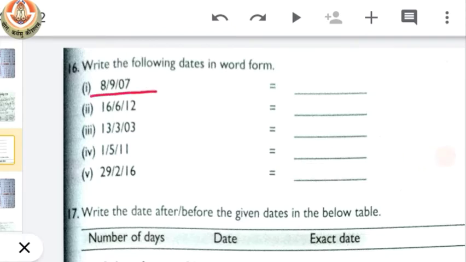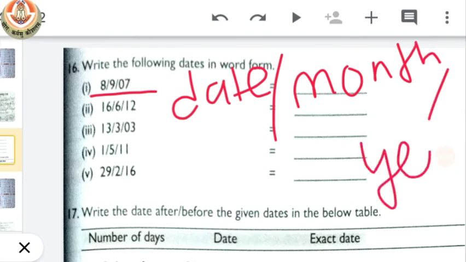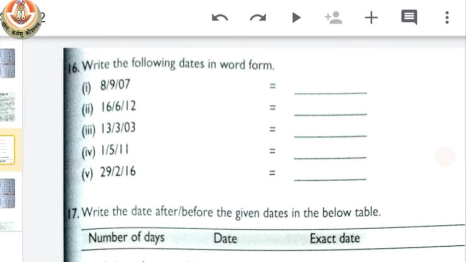So you can see here we have 8/9/07. We all know that we have first date, then we have month, and then at last we have year. Okay, so in the same way we have to write. For 8 we will write 8th.